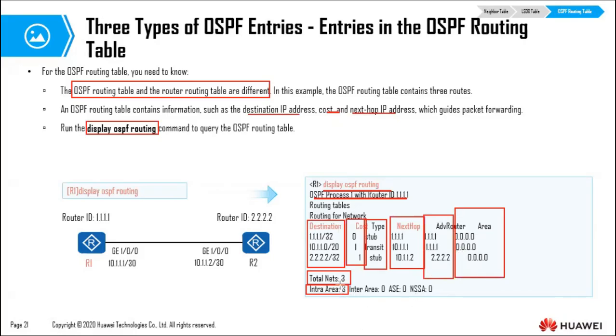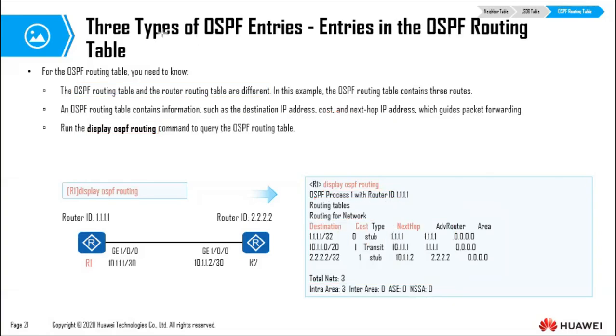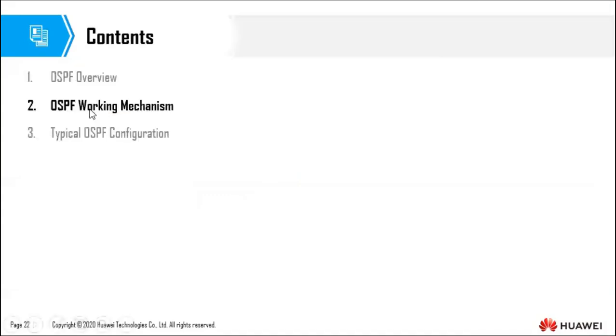Otherwise, we have other route types, which we're not going to discuss here, like inter-area, ASE, and NSSA. Again, those are for HCIP. We're not going to discuss them here. Okay, so that's the overview of OSPF.